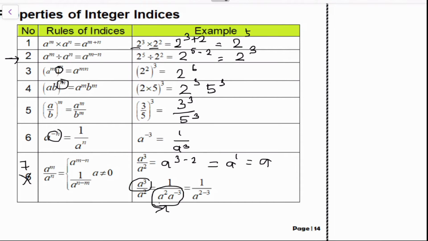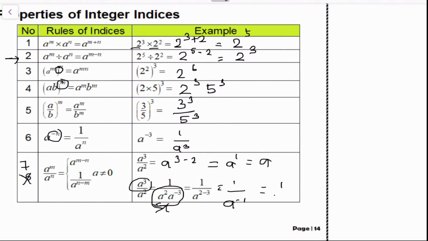The bases are the same, that is a. So 2 plus negative 3 is equal to 2 minus 3, which will give you a to the power of negative 1. Remember, when you have a negative index, you should make it positive by putting it in the denominator.